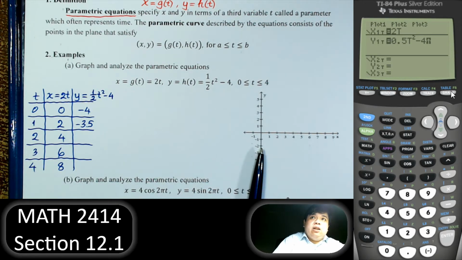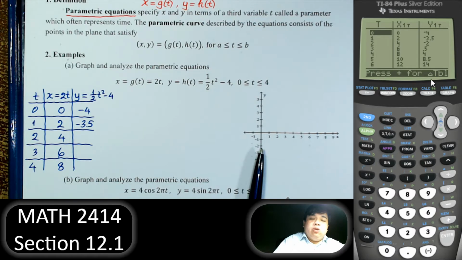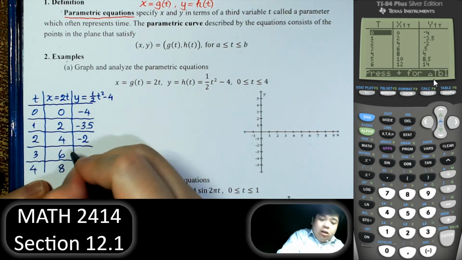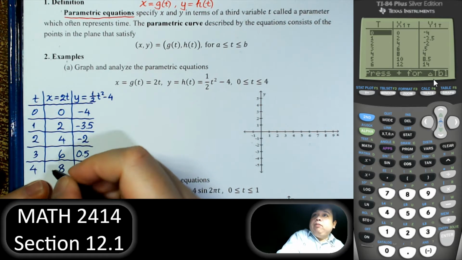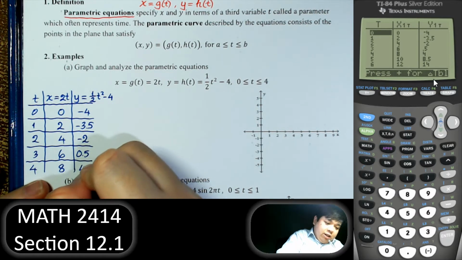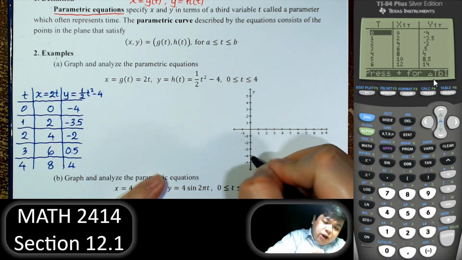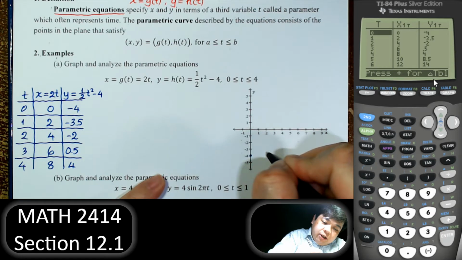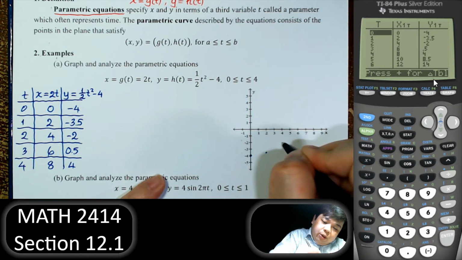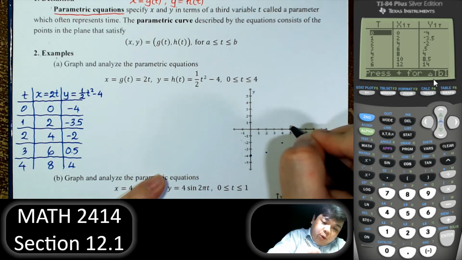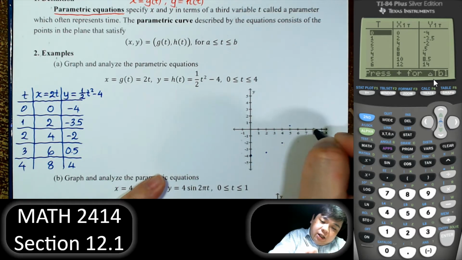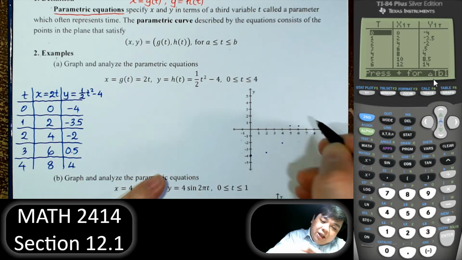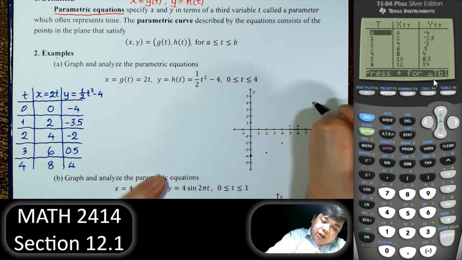When I hit second table, I should have the table. I'll just copy those values: 0 and negative 4, 2 and negative 3.5, 4 and negative 2, 6 and 0.5, and 8 is going to be 4.